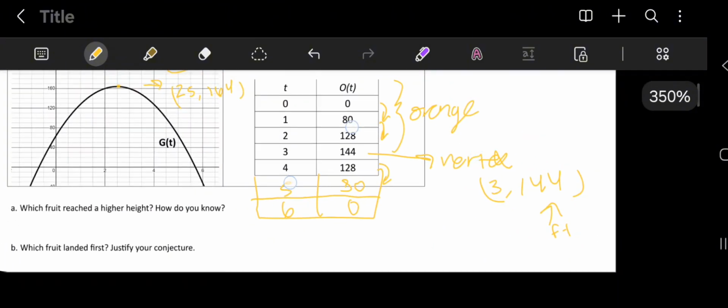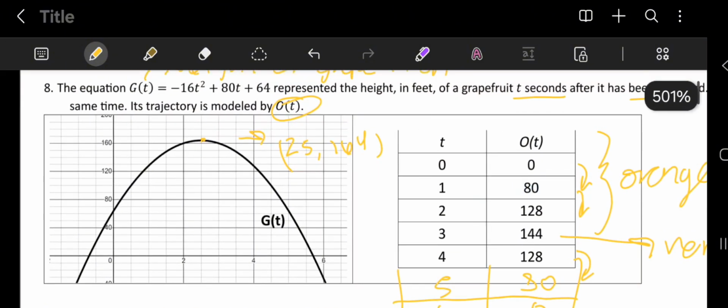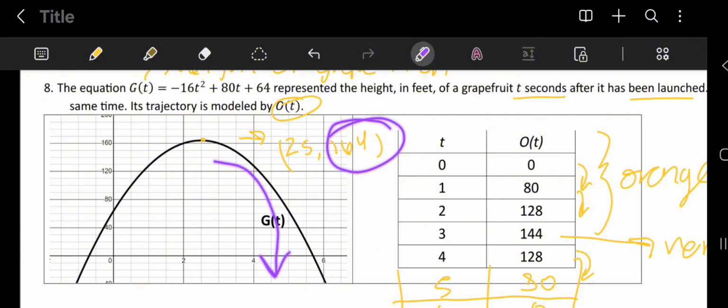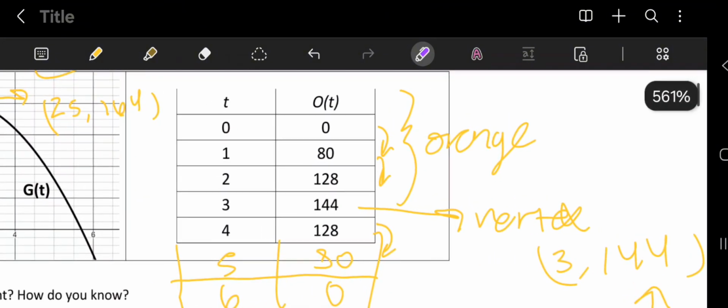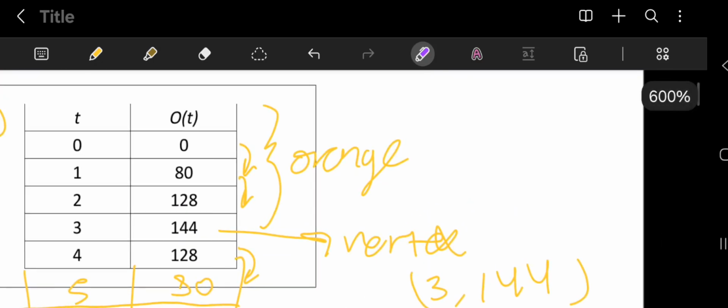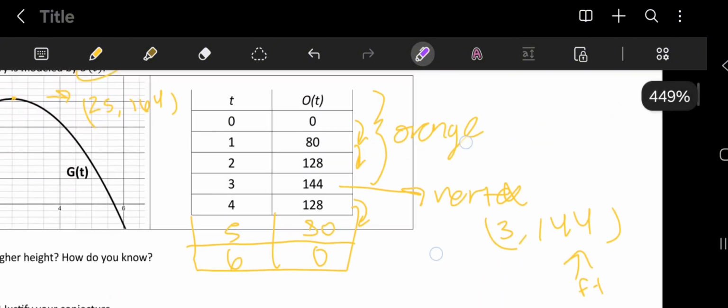What this means is that the highest height that g of t reached was 164 feet before it went back down towards the ground. The vertex point of O of t is saying that the highest height that it reached before hitting the ground was 144. That's this point right there.